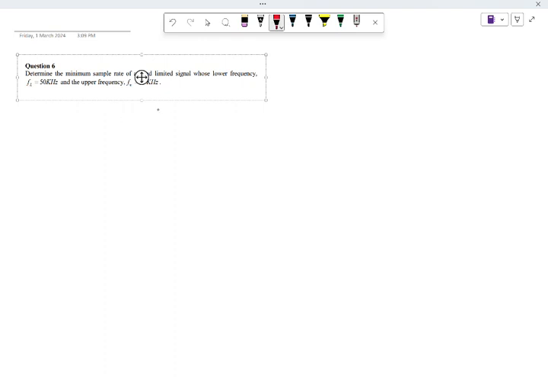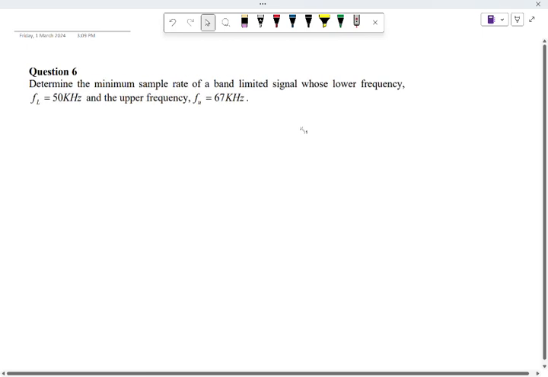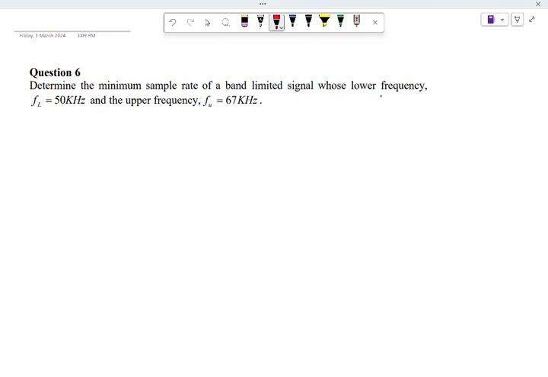So let's look at this question. Determine the sampling rate of a band limit signal whose lower frequency is 50K and the upper frequency is 67K.